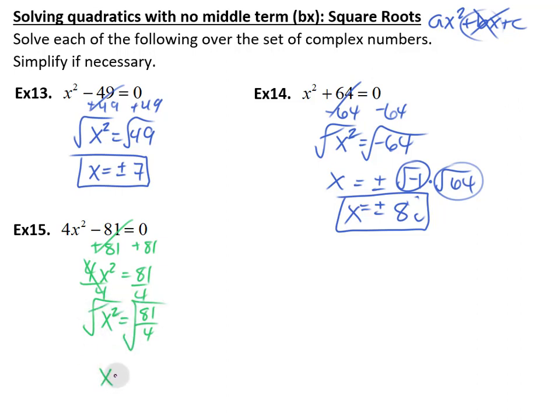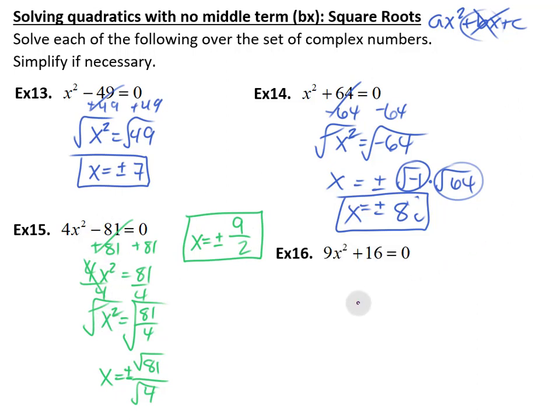Now, properties of radicals, and we didn't talk about this yet, but you can separate them over multiplication or division. Square root of 81 over the square root of 4, and it is plus or minus. Luckily enough, these both give us nice answers. The square root of 81 gives us 9 in the top of our fraction, and the square root of 4 is 2. Plus or minus 9 halves are our 2 solutions.